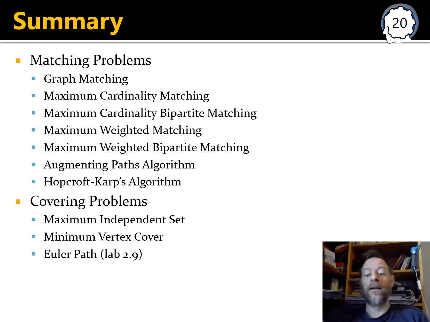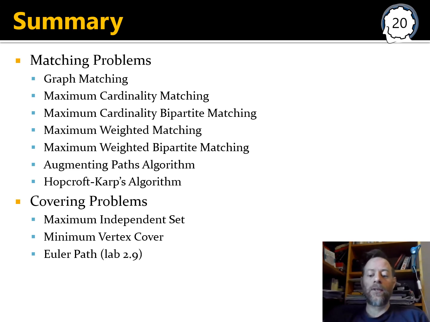Then we can simplify this in 2 directions. Either we can remove the weights or make the weights uniform, or we can simplify the graph structure into bipartite graphs. Depending on the structure and the problem, you get a number of different solutions, but many of them are related to max flow.